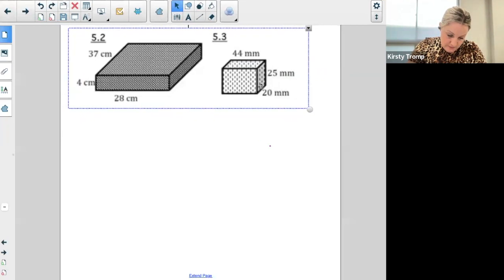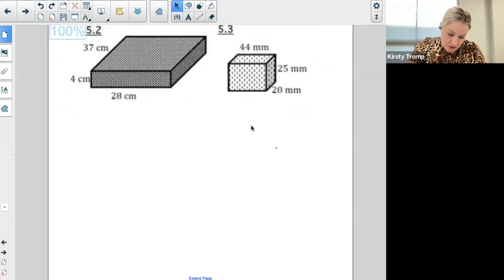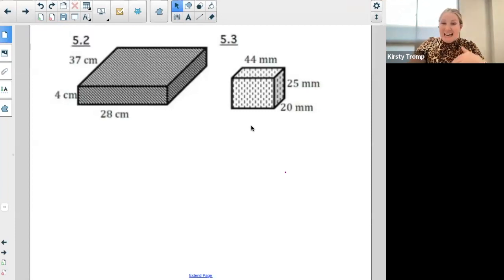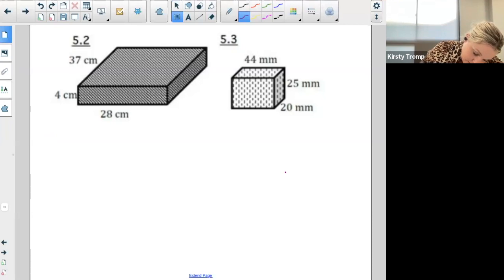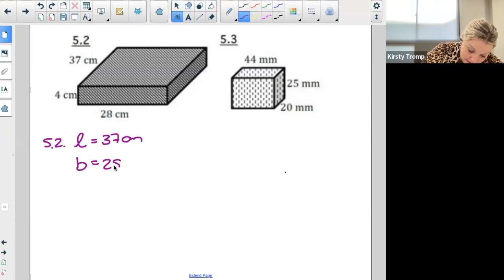Let's go have a look at 5.2 and 5.3. I'm going to start with 5.2. Like I said to you, I like doing it the formula way. You don't have to do it the formula way. You can do it the way where you draw the net. So for 5.2, I've got a length of 37 centimeters, a breadth of 28 centimeters, and a height of 4 centimeters.